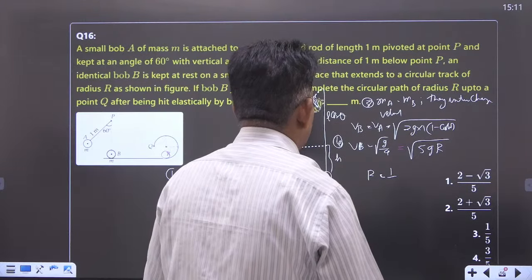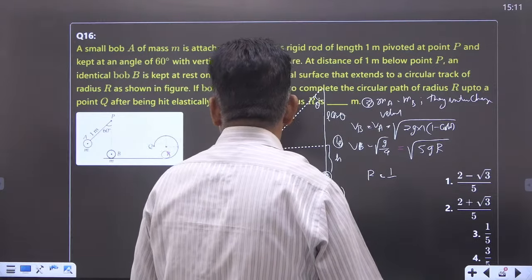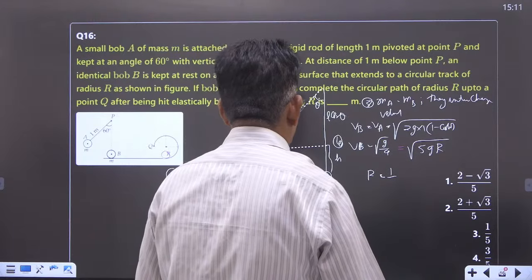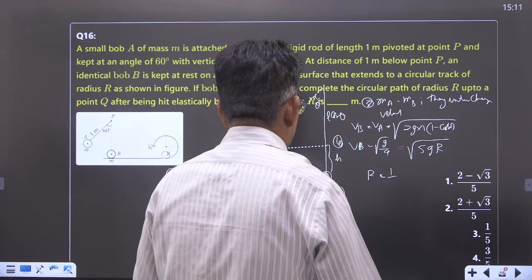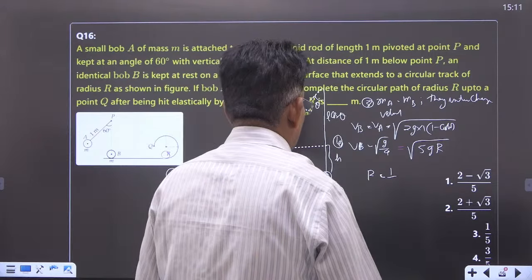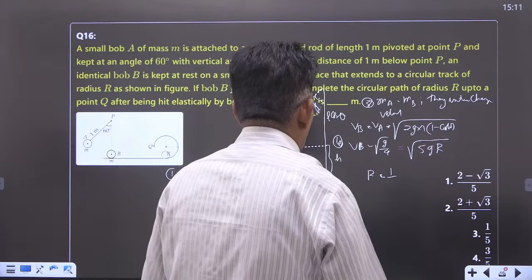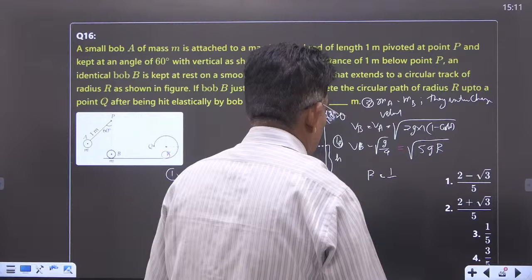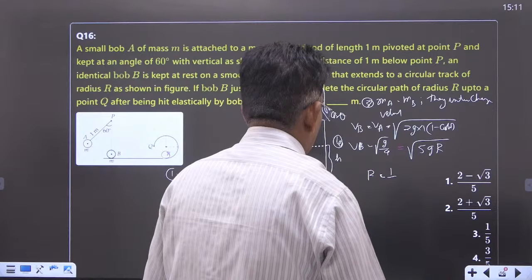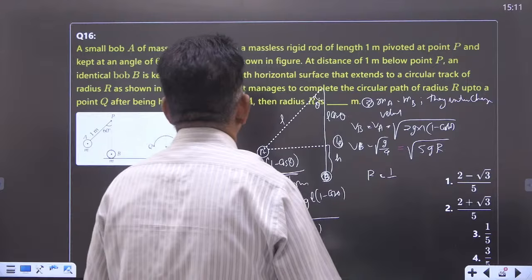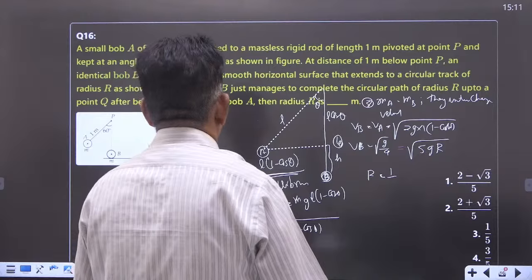Velocity at the bottommost point is root of 5GR. This is root of G by 4. Root removed. Velocity of B, R is equal to 1 by 5. Not 1 by 20 is coming. Any mistake happened here? Nothing.